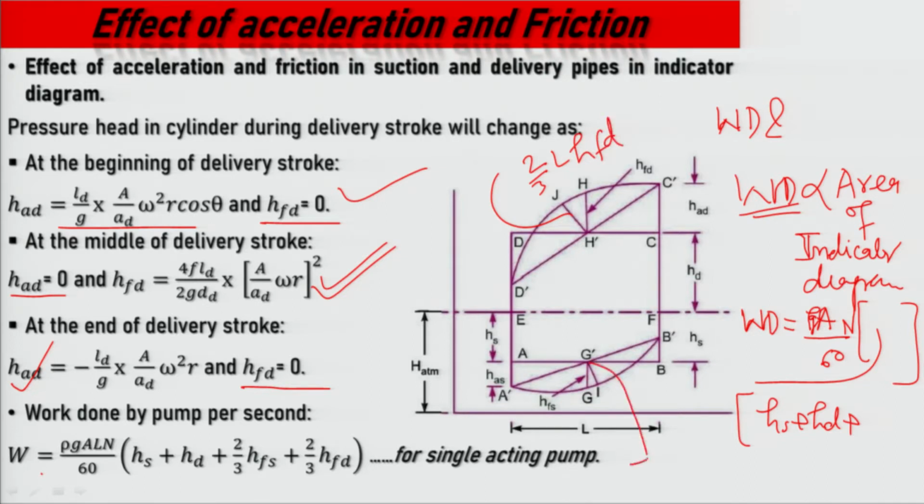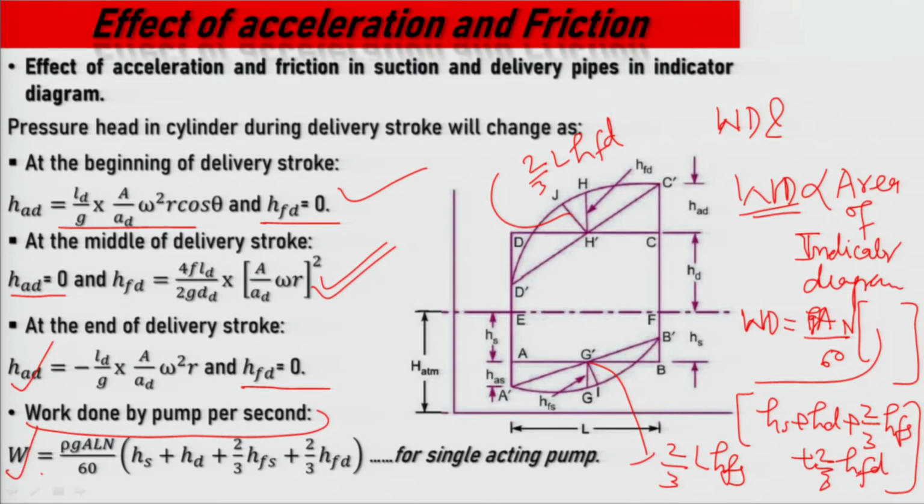In this case, the area of the parabola is 2 by 3 L H f s. Similarly, since L is common, this becomes 2 by 3 H f s plus 2 by 3 H f d. That is why the work done by the pump W equals the common L times H s plus H d, plus the area of the two parabolas. The parabolas are the effect of the friction, and the rest is the area of the indicator diagram.